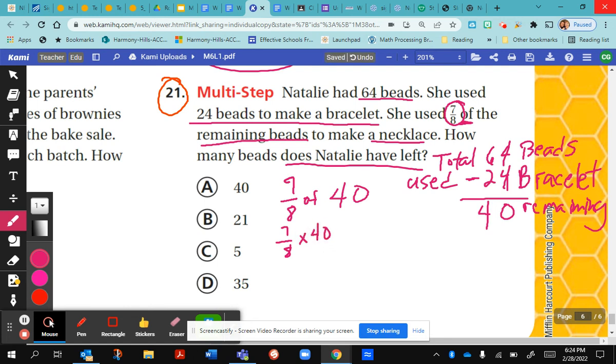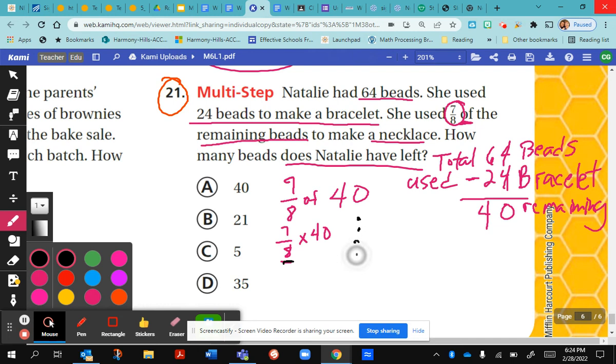So now let's take out the 7/8 of it, and how much does she have left out of that? How many rows am I going to have? Very good, you're going to have 8 of those. So I'm going to draw 1, 2, 3, 4, 5, 6, 7, 8. I need a total of 40, so how many are going to go in each row? Very good, 5, because 8 times 5 equals 40.